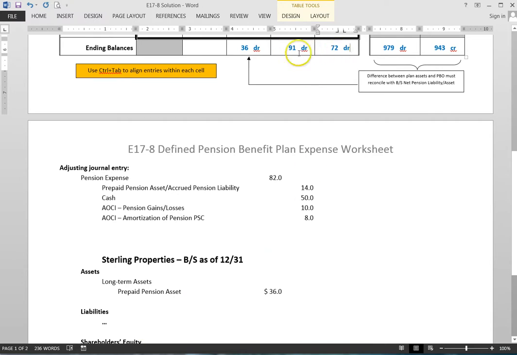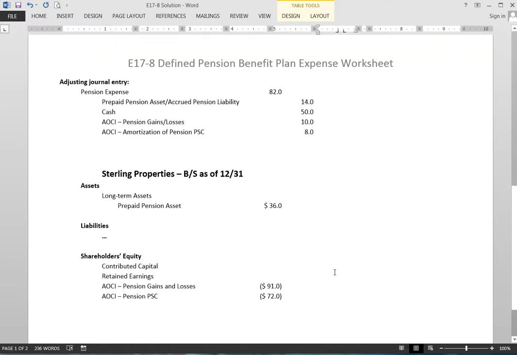And then the two AOCI accounts also have to show up here. AOCI, Accumulated Other Comprehensive Income, is part of shareholders' equity. And so the two account balances, $91,000 and $72,000, are both going to show up as a part of shareholders' equity. Notice that these appear as negatives to shareholders' equity.